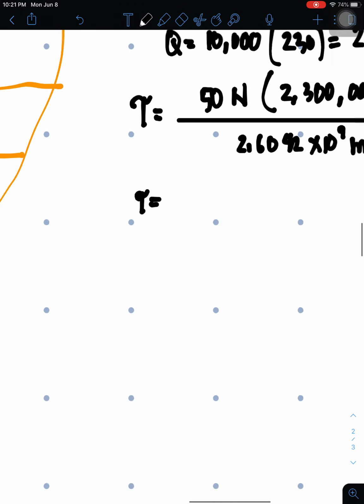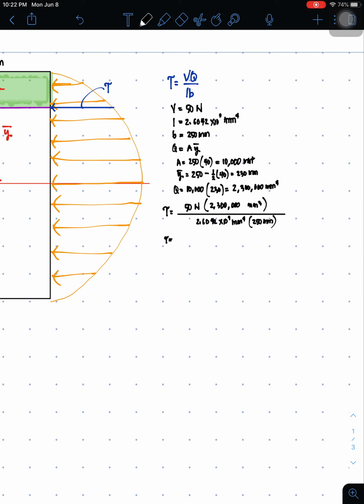So ang answer na to gihapon ani is megapascal. So 50 times 2.3 to the 6th over 2.6042 exponent to the 9th times 250.